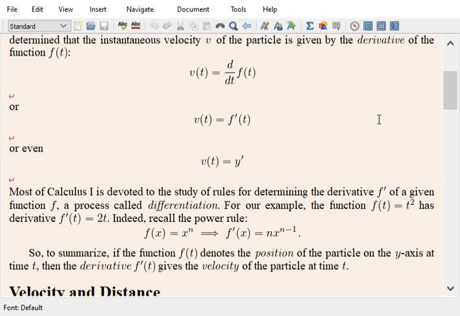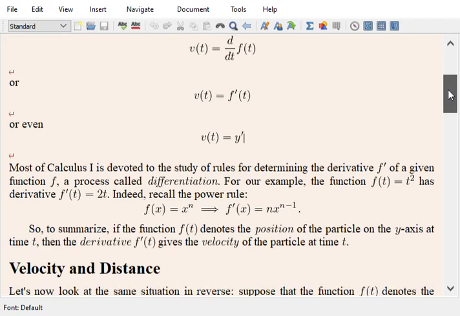Most of Calculus 1 is devoted to the study of rules for determining the derivative of a given function. That's called differentiation. So, product rule, chain rule, quotient rule. There's a whole bunch of rules that you spent a whole lot of time in homeworks drilling into your head. Incidentally, now is a good time to review those rules if you've forgotten any of them.